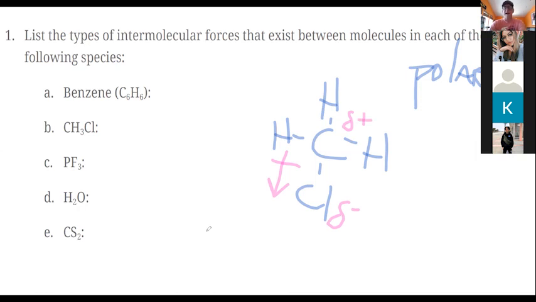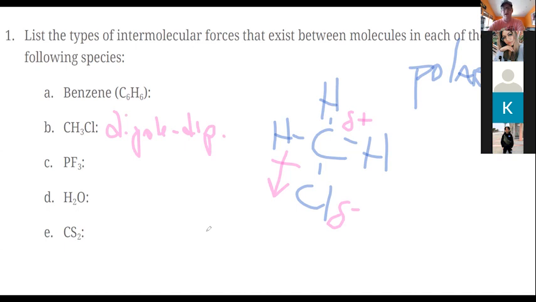So what kind of interaction would chloromethane have with another chloromethane molecule? Dipole. That's right. It would have a dipole-dipole interaction. What else? Anything else? Can it have an ion-dipole?